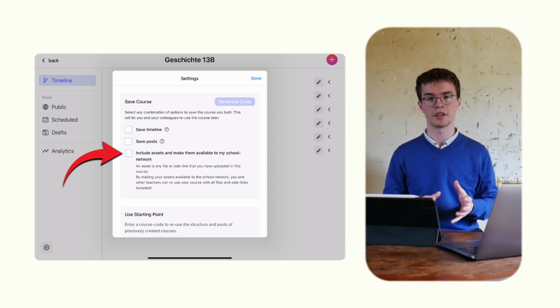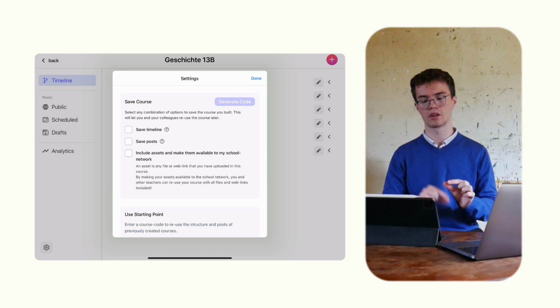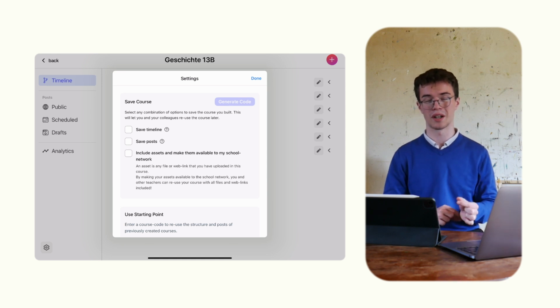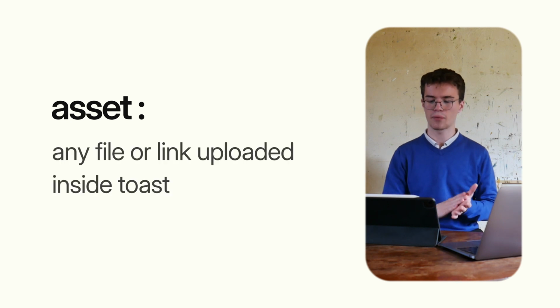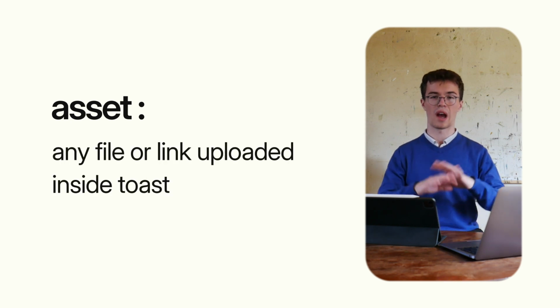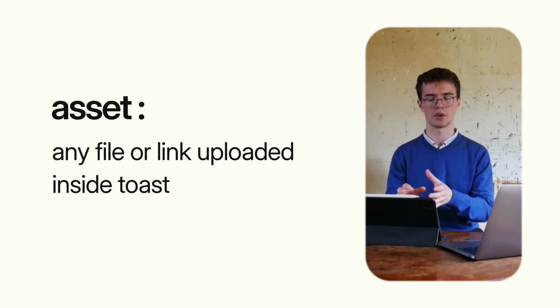The way this works is you can only reuse and keep all the materials uploaded inside Toast and attached to the posts if you also tick include assets and make them available to my school network. An asset is basically any file or web link that you ever uploaded to Toast inside of this course that you're generating the code for.